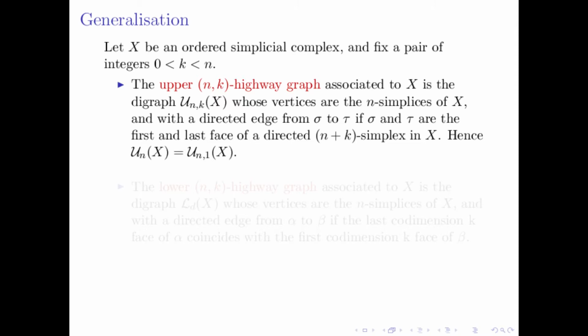So, if you look at an ordered simplicial complex as before, the upper n,k highway graph associated to X is a digraph U_nk X whose vertices are the n simplices as before, with a directed edge from sigma to tau if sigma and tau are the first and last face in a directed n+k simplex.